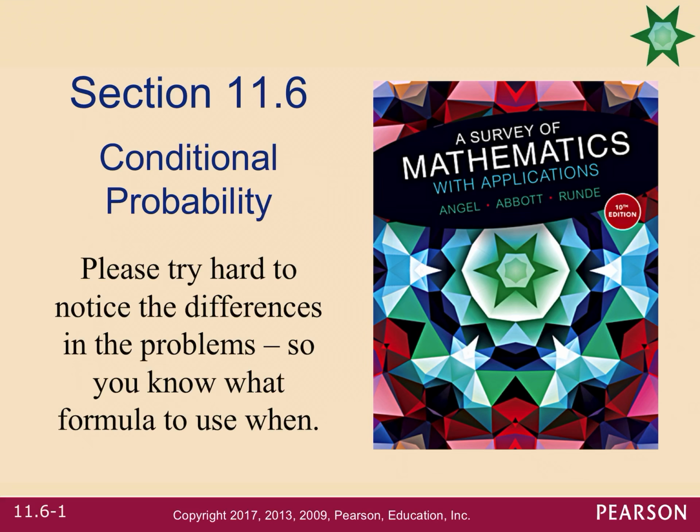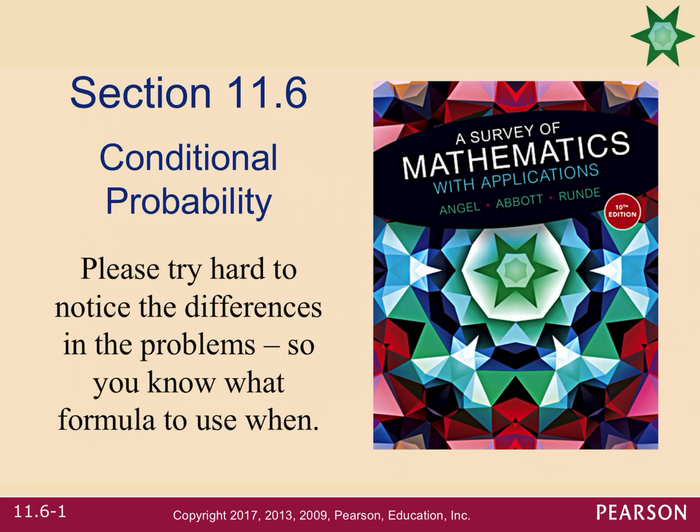So we're picking up at section 11.6 on conditional probability. At this point, I need to remind you to try to look for distinguishing characteristics of the different probabilities. Last week we studied independent and dependent, and mutually exclusive and non-mutually exclusive.